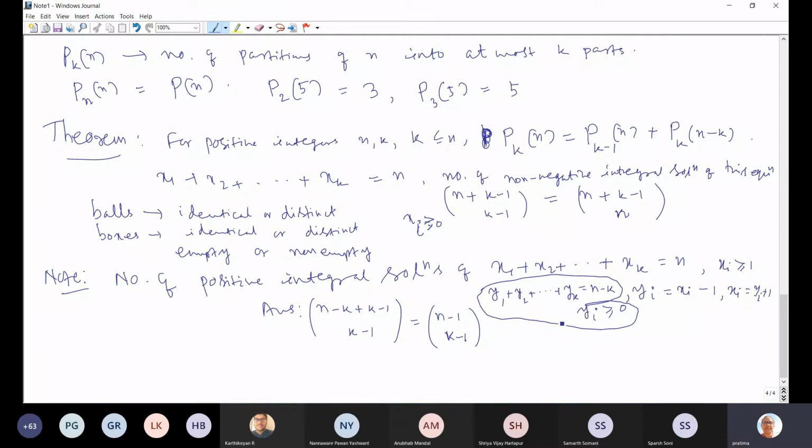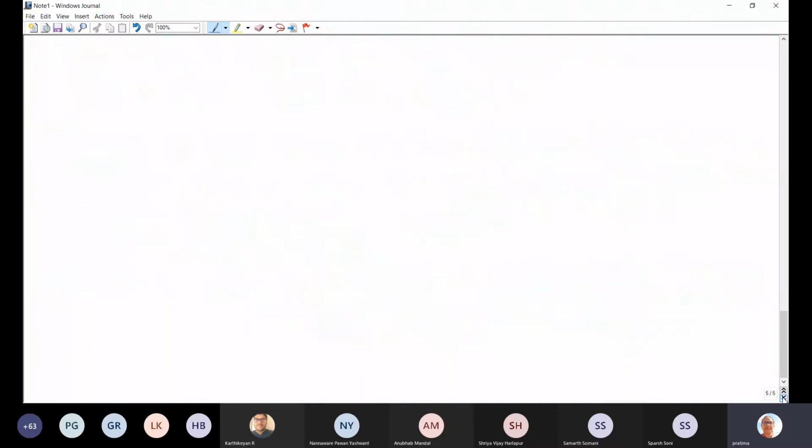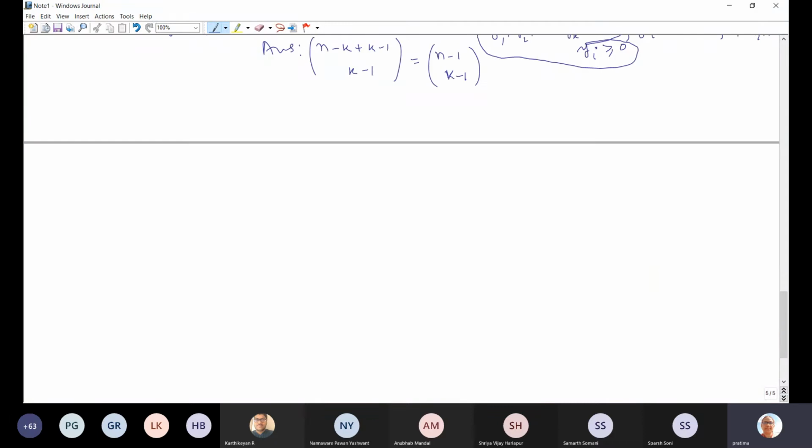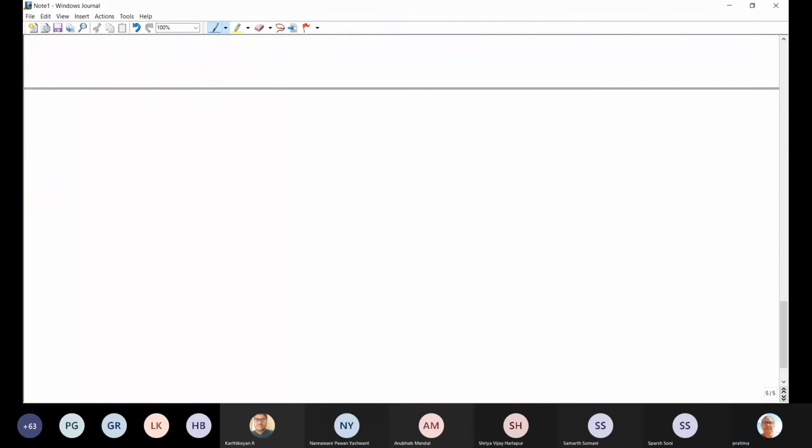Well, so now I think we are ready to consider all these possible kinds of problems of distribution of balls into boxes. So I'll write down this distribution problem in a tabular form.